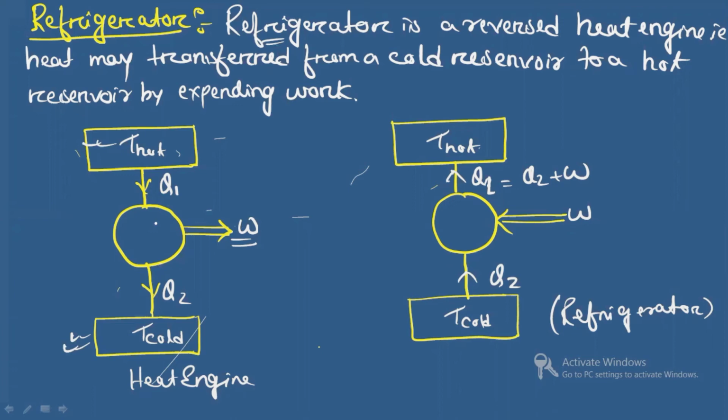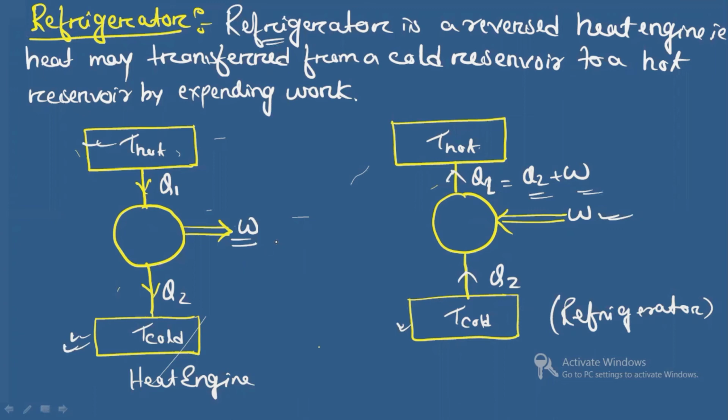Now the refrigerator works as the reverse of the heat engine. That means some external agency will do some work, and when this work is done, Q2 amount of heat from the heat sink will be transferred to the source. So you can say Q1 equals Q2 plus W. This is the refrigerator and this is the heat engine.